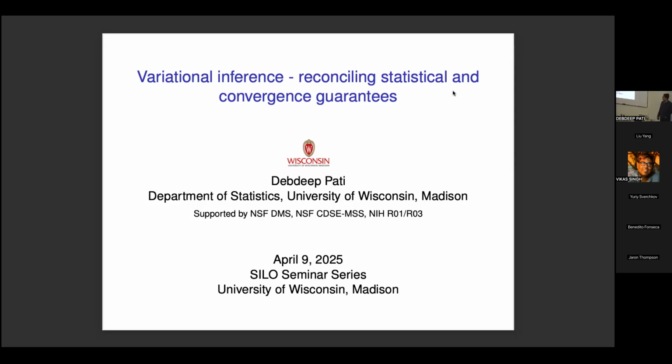So I'll also highlight a couple of key examples where apparently very innocuous choices of variational family can lead to misleading inferences, and we'll provide some remedies. And those could be useful from a practitioner's point of view.